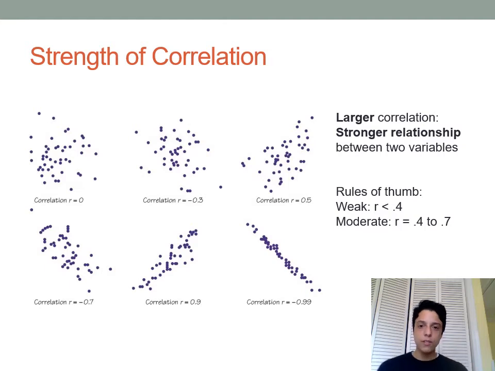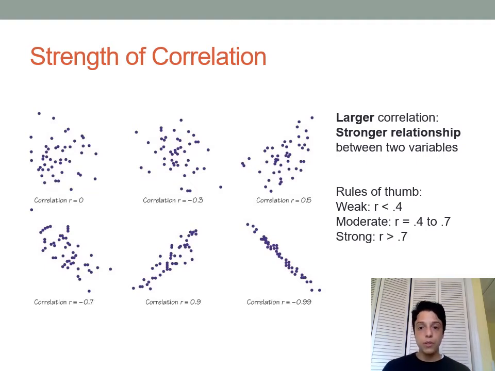But what they're describing is that, as the values of one variable go up, the values of the other variable tend to go up as well. So by knowing that you have a high score in one variable, that tells you something about what you can expect from the other variable. But there's still a good amount of random scatter going on there, where if you tried to make a prediction, it wouldn't necessarily be a great prediction, because there's not really that much of a one-to-one correlation between these two variables.